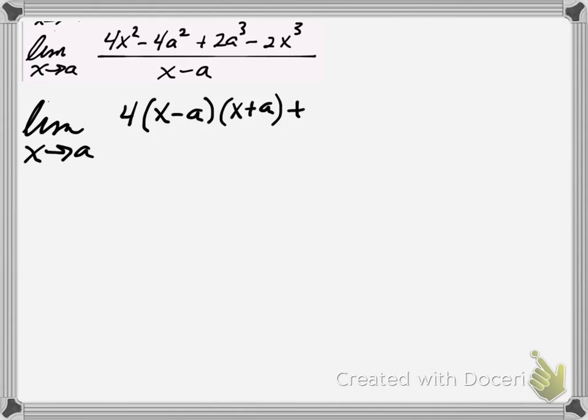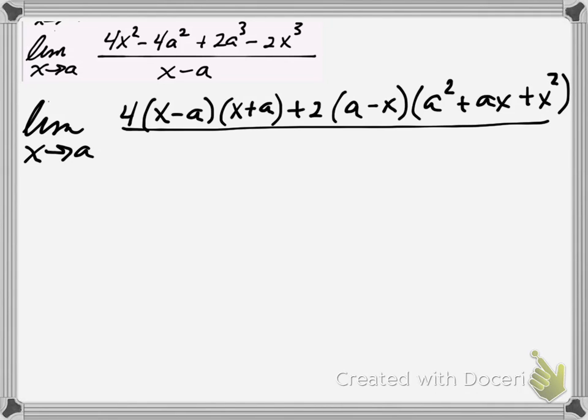Now I'm going to factor out a 2, and for these next two terms, it's the difference of cubes. So I have to remember that difference of cubes factoring technique, which is going to be a squared plus ax plus x squared. All right. Well, I'm looking at this and I see I have this a minus x, and I would really like that to be x minus a.